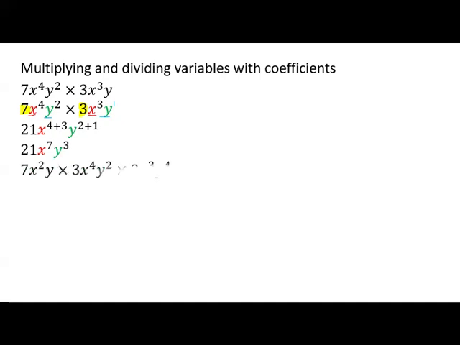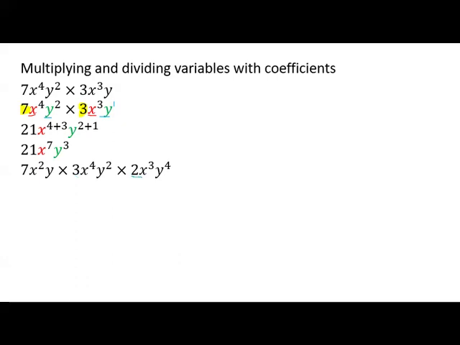Try this one out. The same thing will apply here. You start with the coefficients or the integers. 7 times 3 times 2.